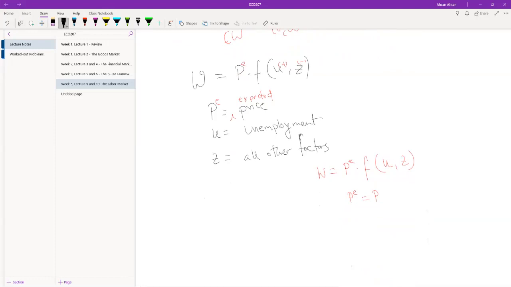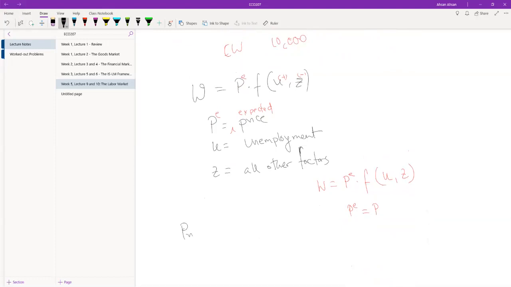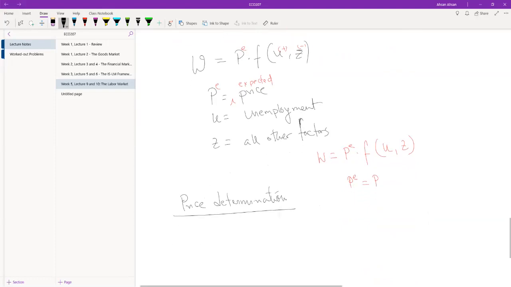Let's talk next about price determination. Okay. So we're going to develop a production function, and we can develop very complicated production functions that take into account how much labor you're hiring, how much raw material you have, and what type of technology you're using, and a lot of different things can be brought into it.